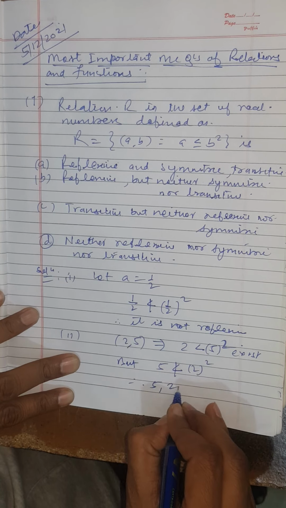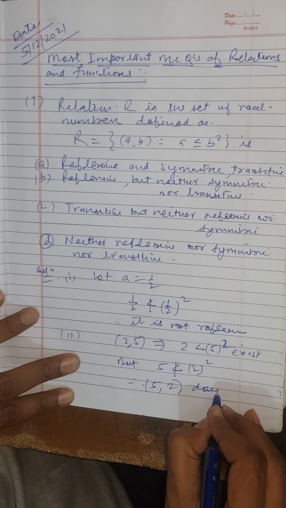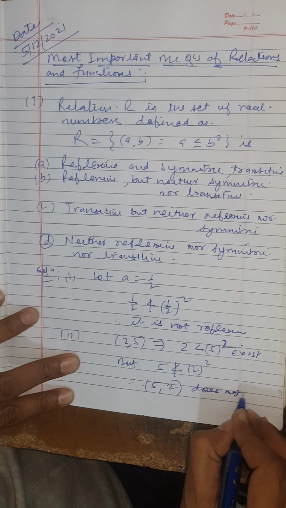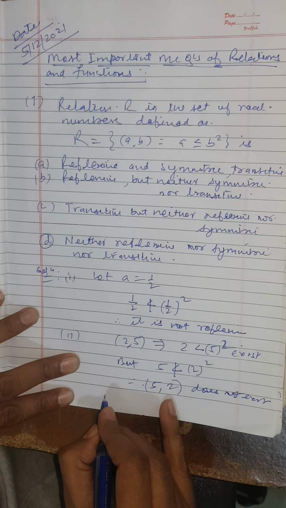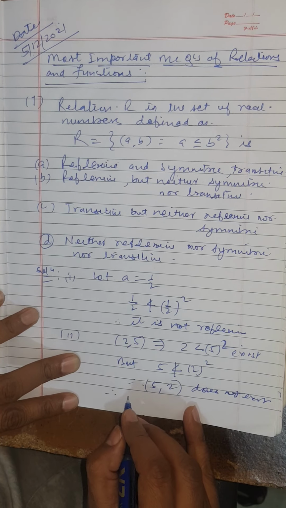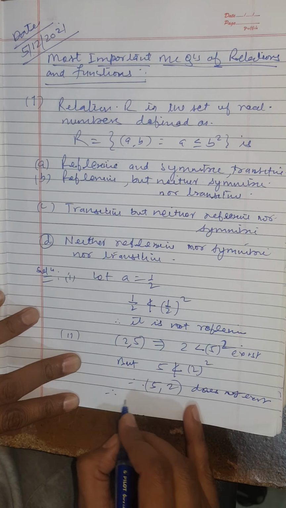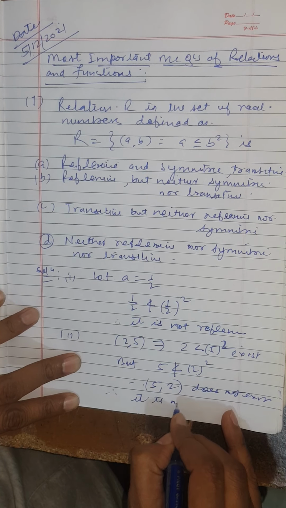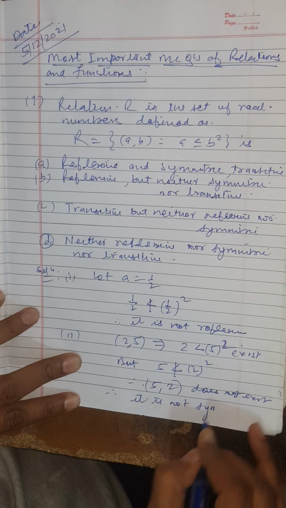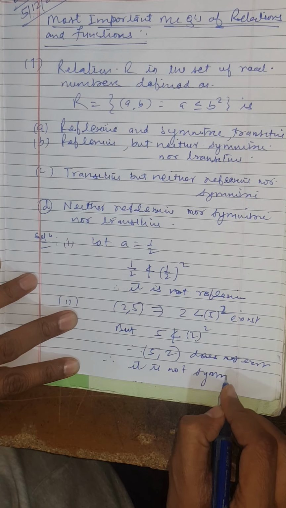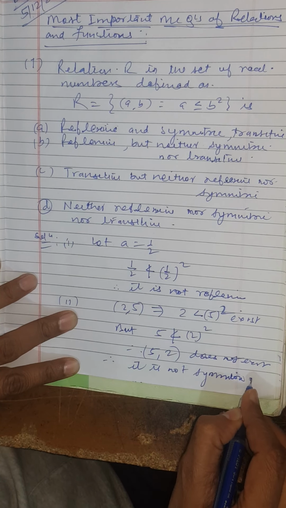Therefore, (5, 2) does not exist. So it is not a symmetric relation.